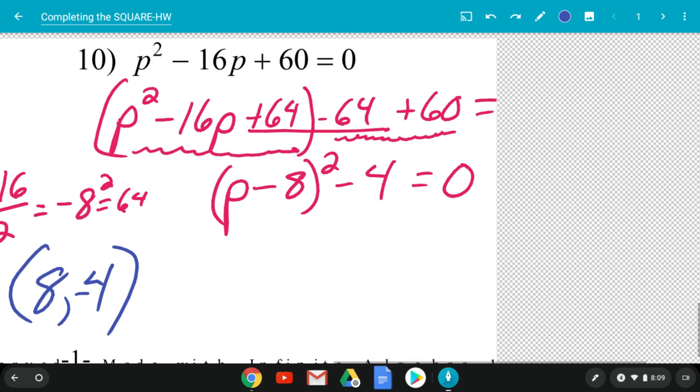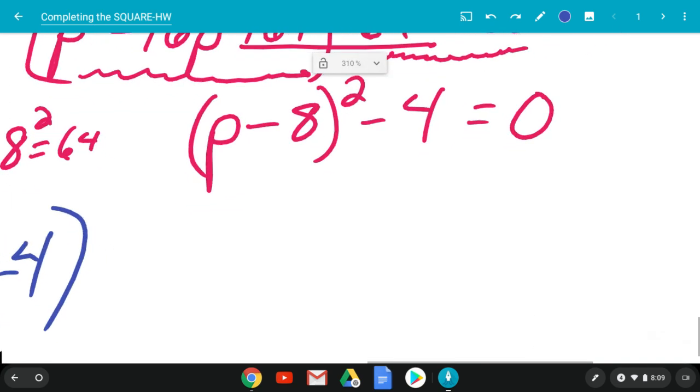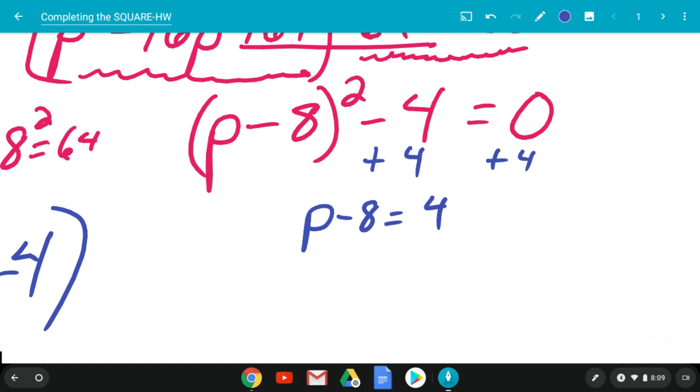Look at number 10. If I'm going to solve this, I'm going to add 4 to both sides. And so I now have p minus 8 equals 4. Oops, p minus 8 quantity squared. Now what? Take the square root.